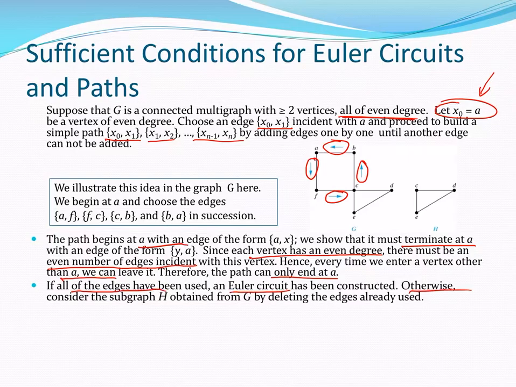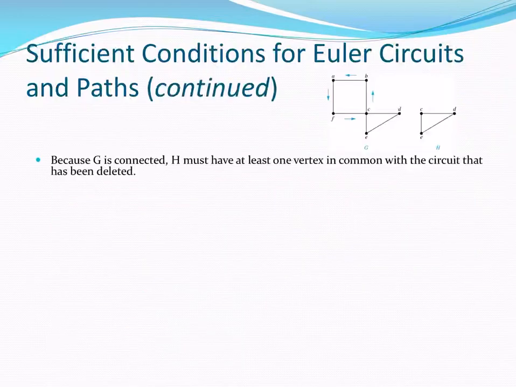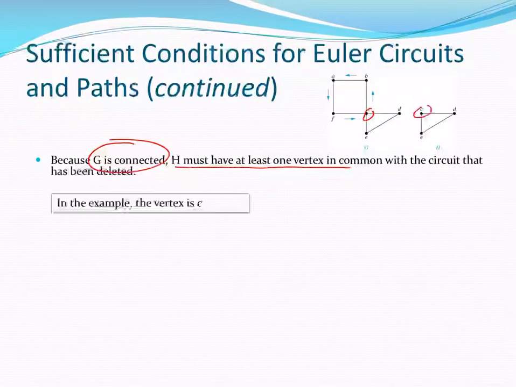Otherwise, we can identify a subgraph H that results from deletion of all those edges we used in the first step. And we'll go to the next slide. Because G was connected at the very beginning, H must have one vertex in common with the deleted circuit, and we can see that that vertex is going to be C.